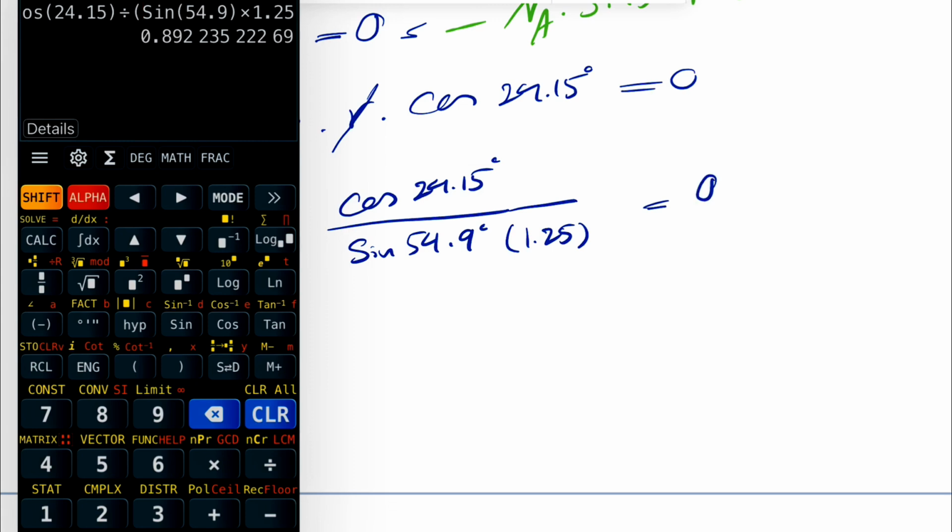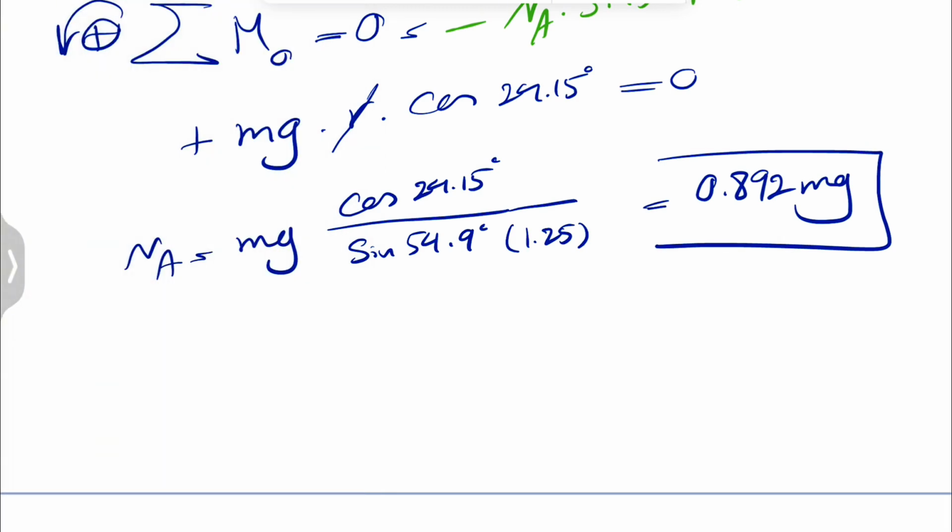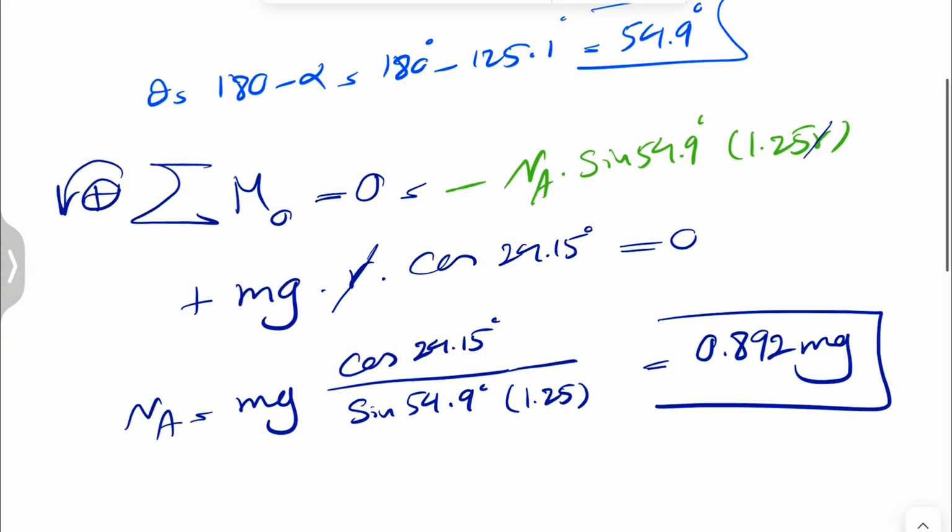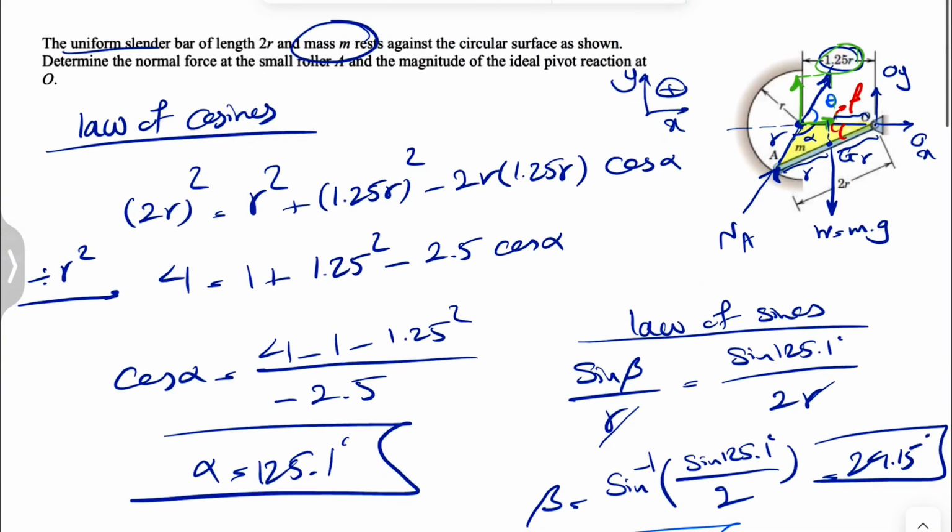So this is going to be 0.892 mg, and that would be the first unknown in this question, or our normal force at the roller. One thing we need to keep in mind is that we have a roller and we are neglecting the friction in that circular surface. So that's why we only consider the normal force.